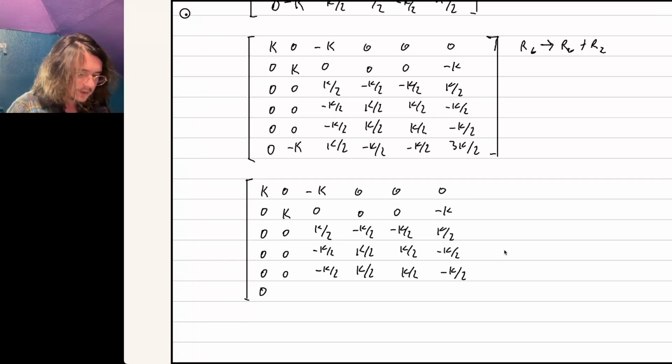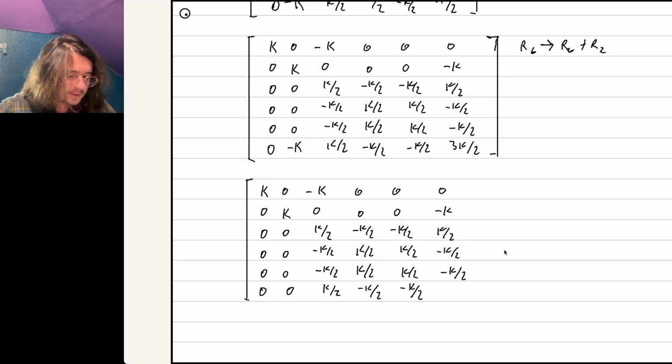And this row is the same. This is 0. This row is actually the same. And then 3k over 2 minus k is k over 2. Right.